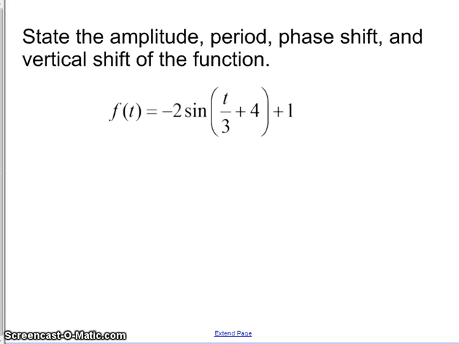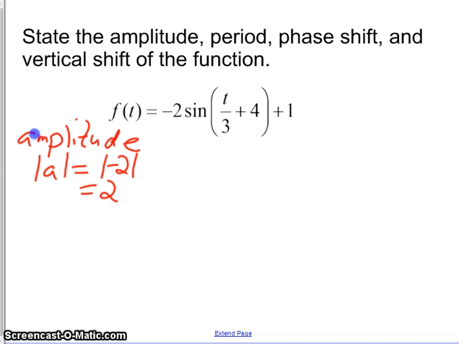State the amplitude. We've got the absolute value of A, which is the absolute value of -2, which is 2. Now, this one is going to be a reflection across the x-axis, but that really doesn't change its amplitude.